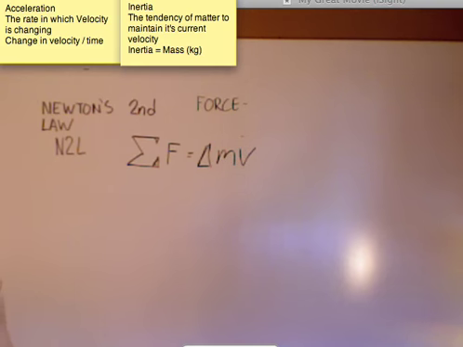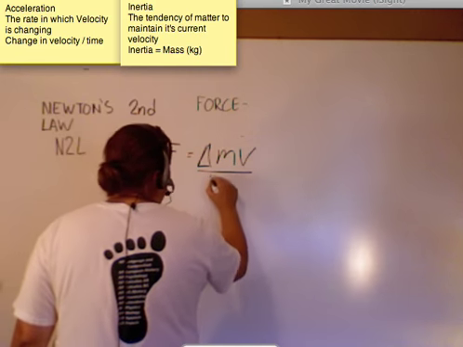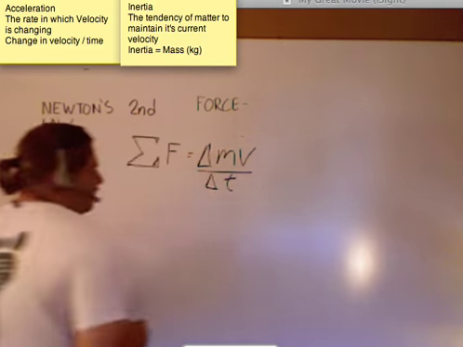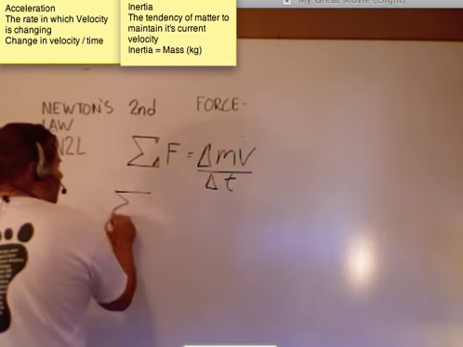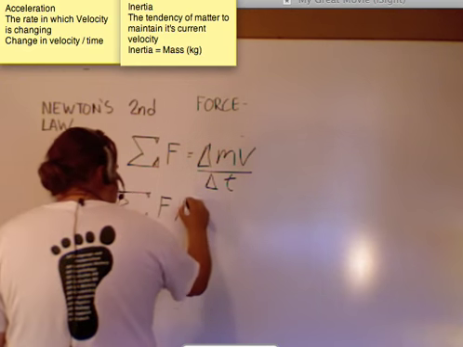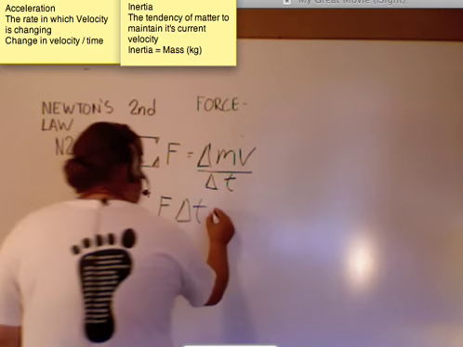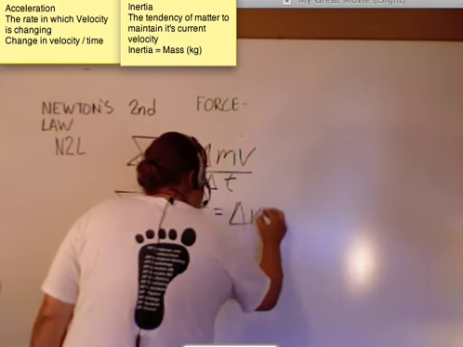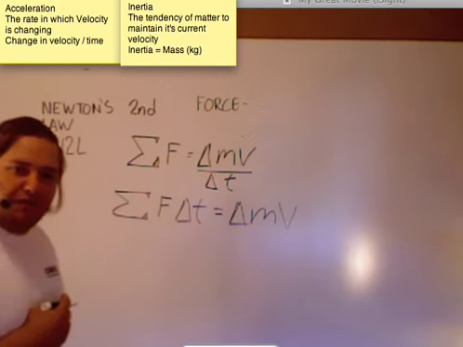Now we can take it a step further: it creates a change in its momentum in a given amount of time. So moving it one step further, I can say net forces times the amount of time that I experience those forces will create a change in the momentum of an object. And I didn't say this previously in momentum.